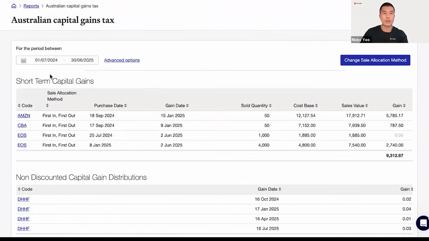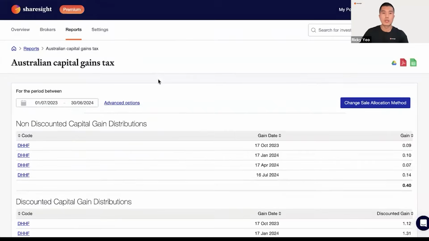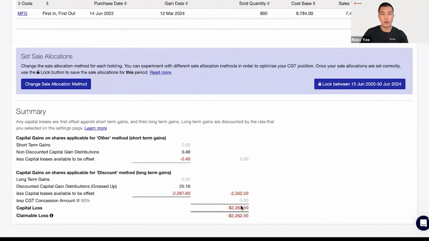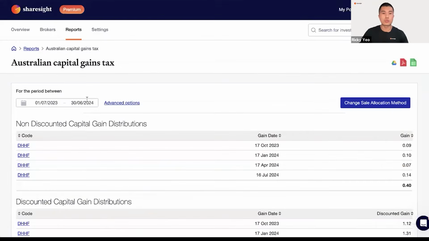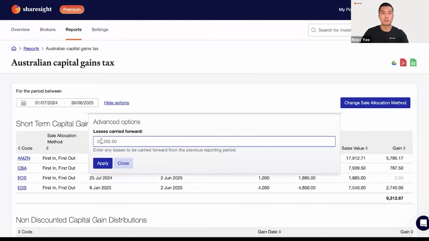Just to give you an example, let's say I go back to the 2024 financial year. If I come down here, in this example I have about $2,262.50 in capital loss. I can apply that to the 2025 financial year, so I'll put it in here.